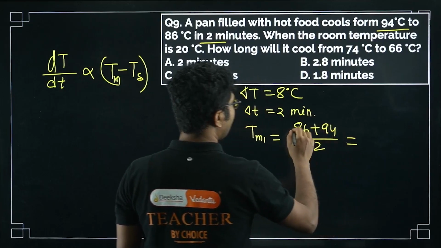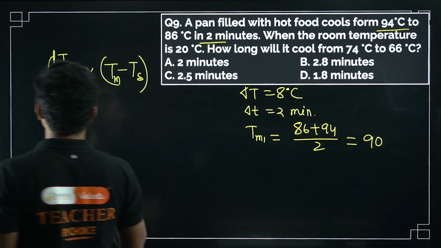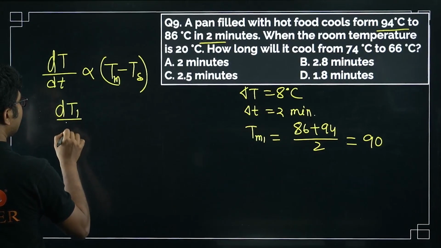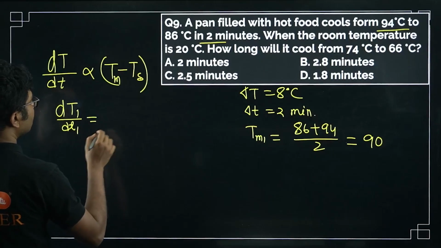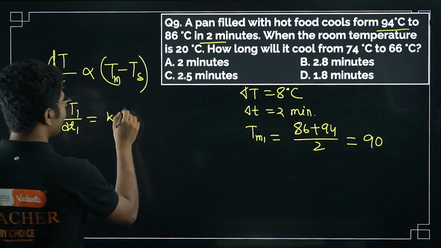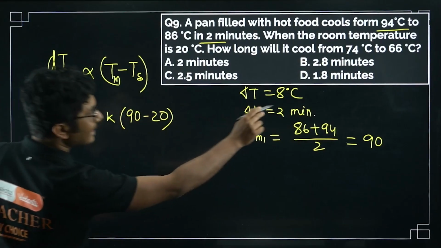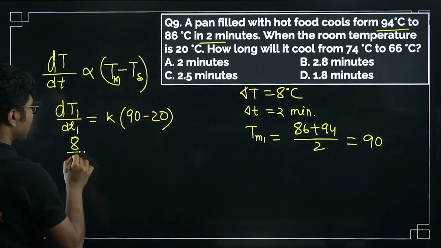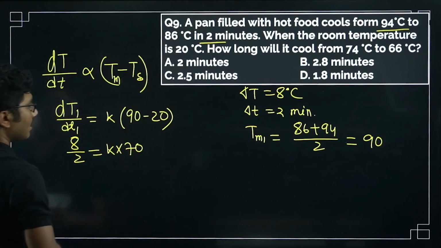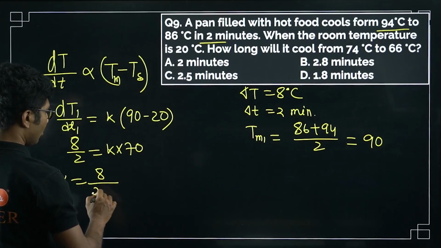That is 180 divided by 2, so it is 90 degrees. So dT1 by t1 equals a constant k times (90 minus 20). dT1 is 8, the time is 2 minutes, equals k into 70. So the k value is 8 divided by 2 into 70.